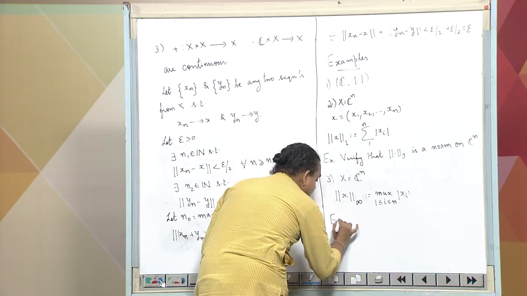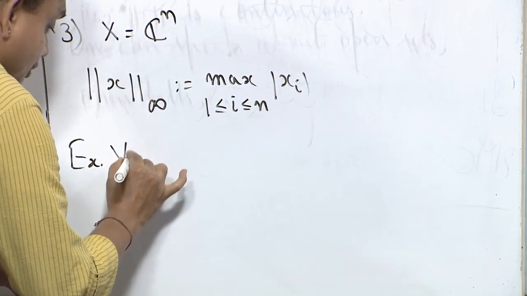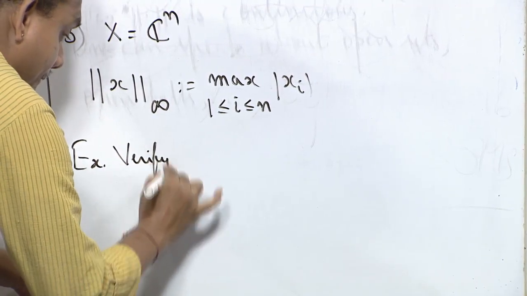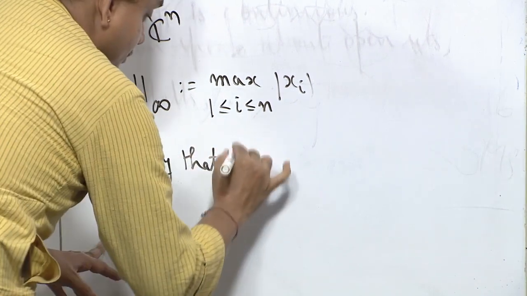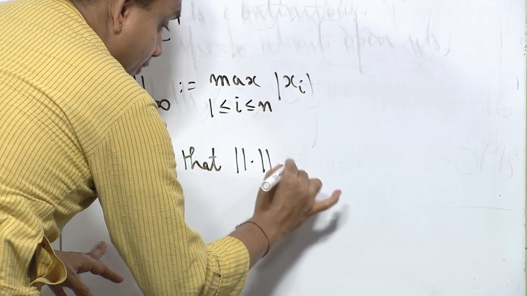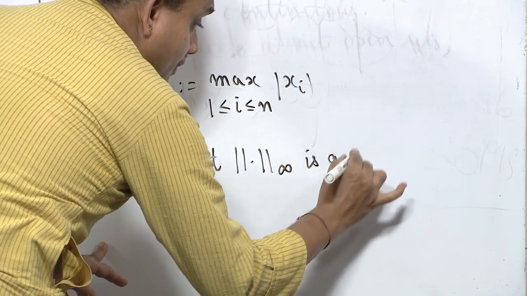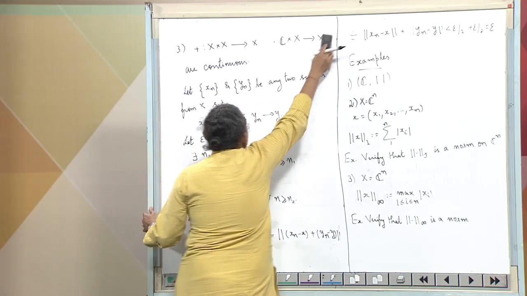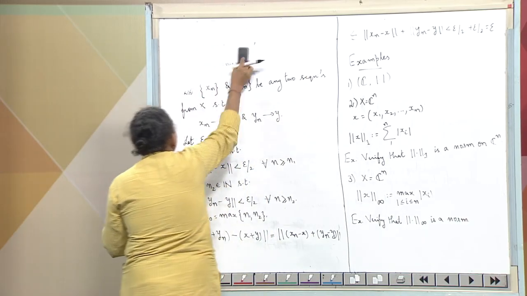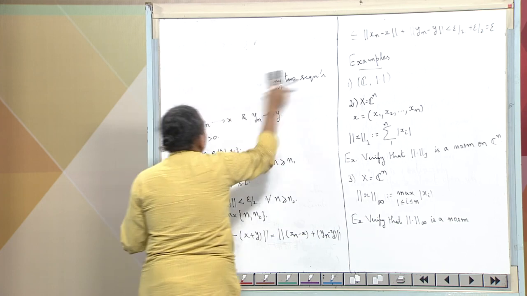Yet another exercise here is to again verify that this infinity norm is a norm. Right. So, let us move further, let us have some more examples.